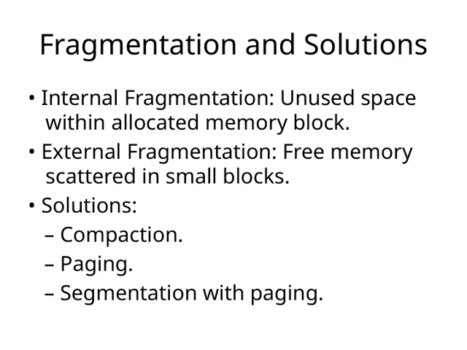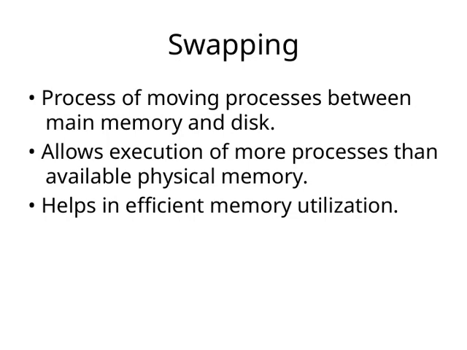systems run smoothly. Now, let's talk about swapping. Swapping is essentially the process of moving processes back and forth between the main memory and the disk. This technique is really important because it allows us to run more processes than the physical memory alone could support. By swapping, we can bring in only the processes that need to be actively executed and store others temporarily on the disk.